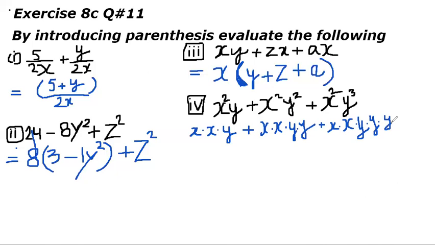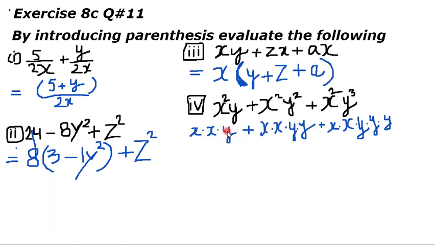Now we need to know how many x and how many y are common in all these three terms. I will explain: the first x is common in all the three terms. The second x is common in all the three terms.